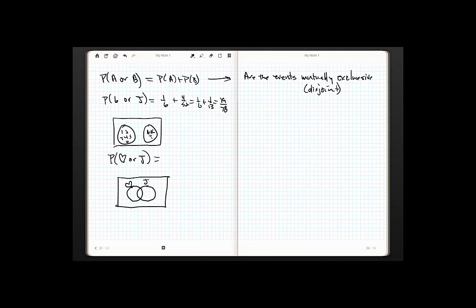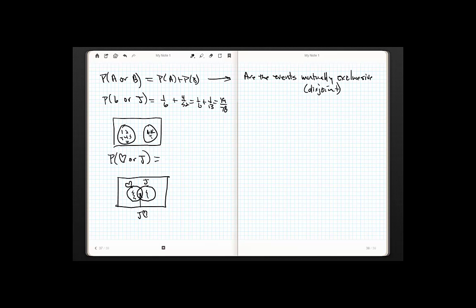There are 4 jacks in here, but the intersection between these two sets is, as you can well imagine, the jack of hearts. There's a card that is both a jack and a heart. There are 12 other cards in here that aren't jacks, and 3 other cards in here that aren't the jack of hearts.